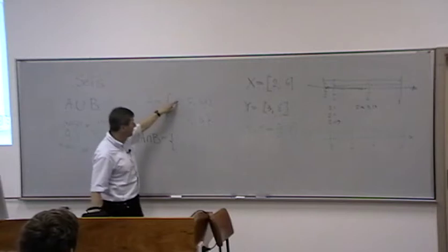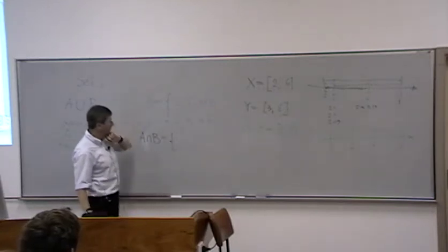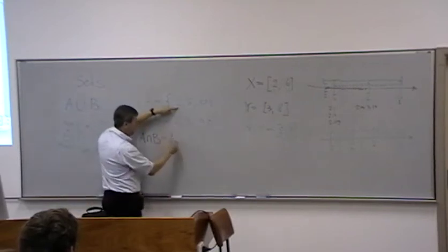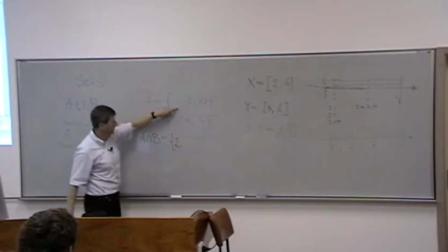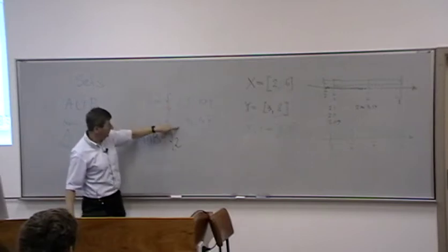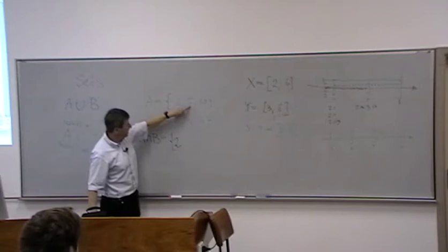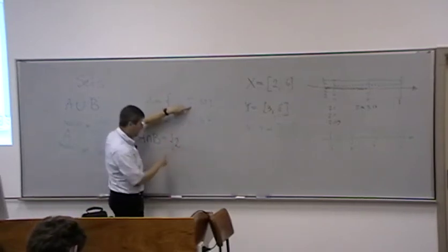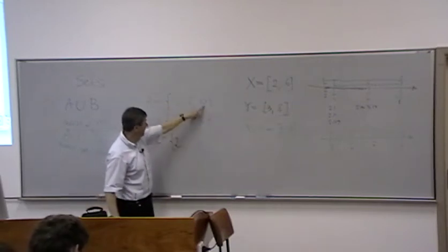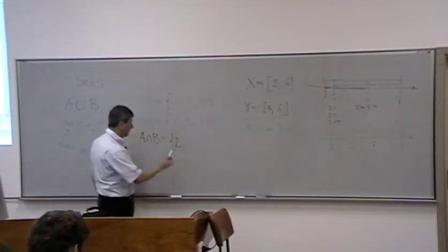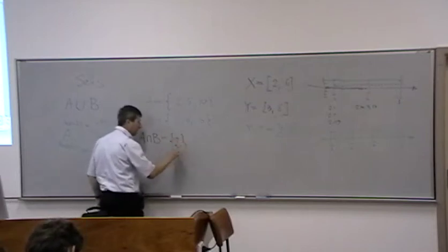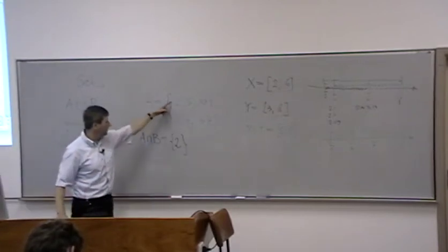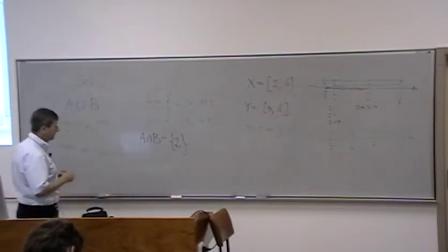We just browse through the elements of A and look if each is also in B. The first element of A is also in B, so we take it. Element 5, we look in the set B, it is not in B, so it's not in the intersection. Number 10 is in A, but it is not in B, so it is not in the intersection. So in this case, the intersection consists of only one element. The only element which is common is this number 2.